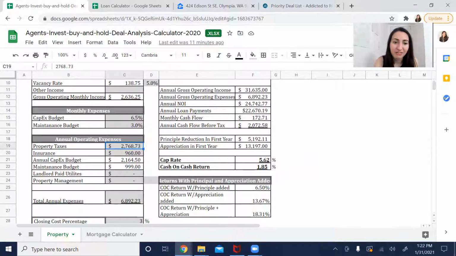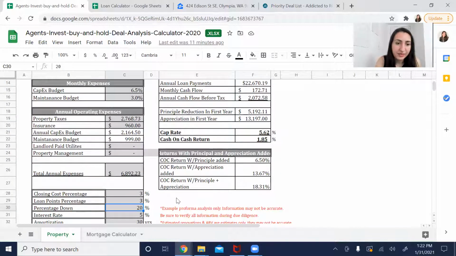So we hope the government is making good use of all the taxes that we are paying. And also the insurance, that is not very much, to be honest. And then we have the CapEx budget and the maintenance budget that were calculated automatically in this spreadsheet. So you have the total expenses there, and it's almost $7,000 per year in expenses.